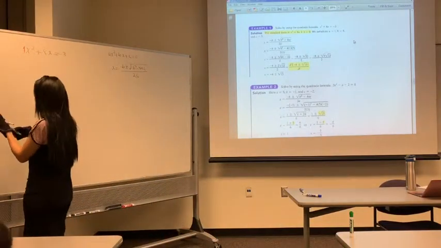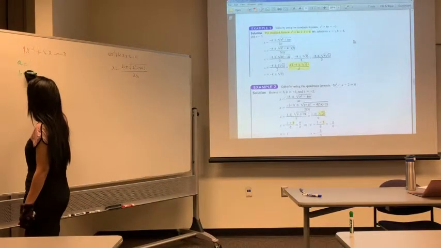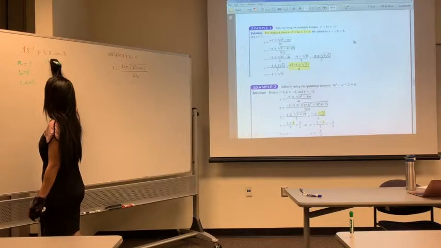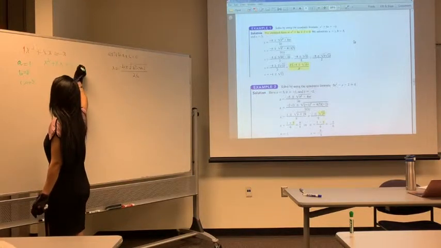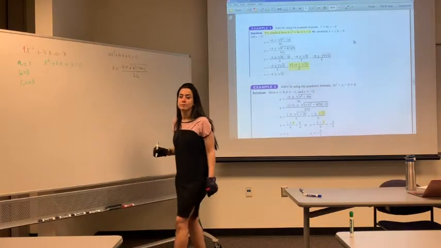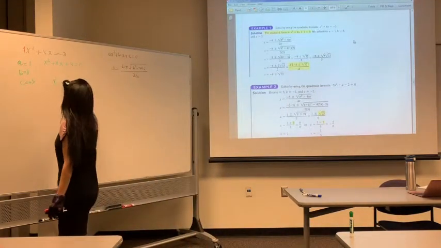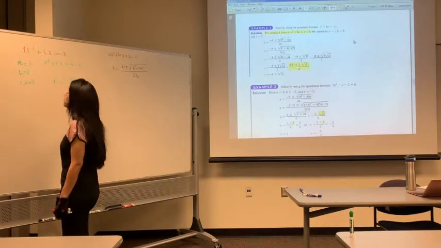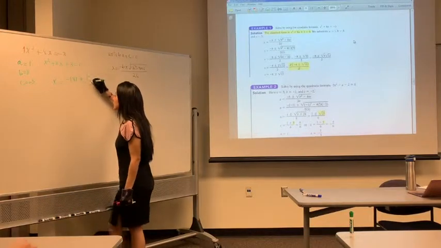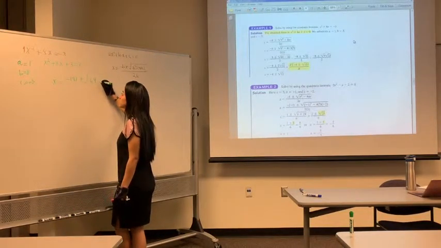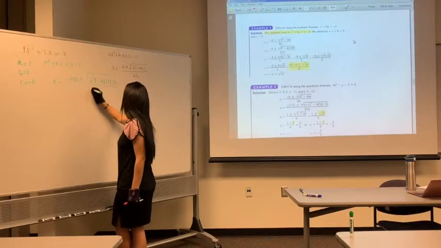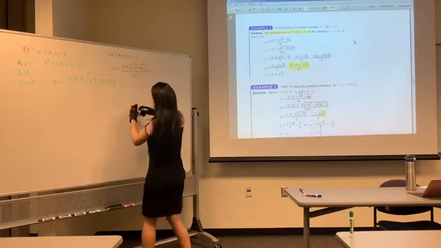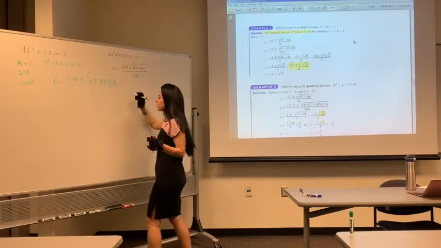So am I right? x is equal to negative 8 plus minus radical b squared is 64 minus 4 times a multiplied by 3, divided by 2. Oops, what I wrote down here, 60. This is the second time so I write 6.